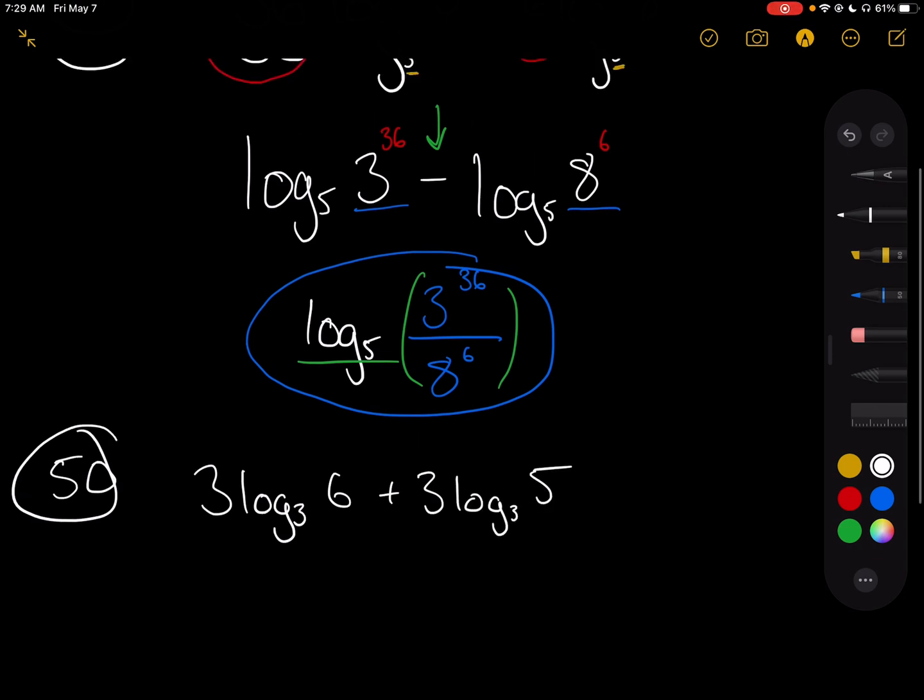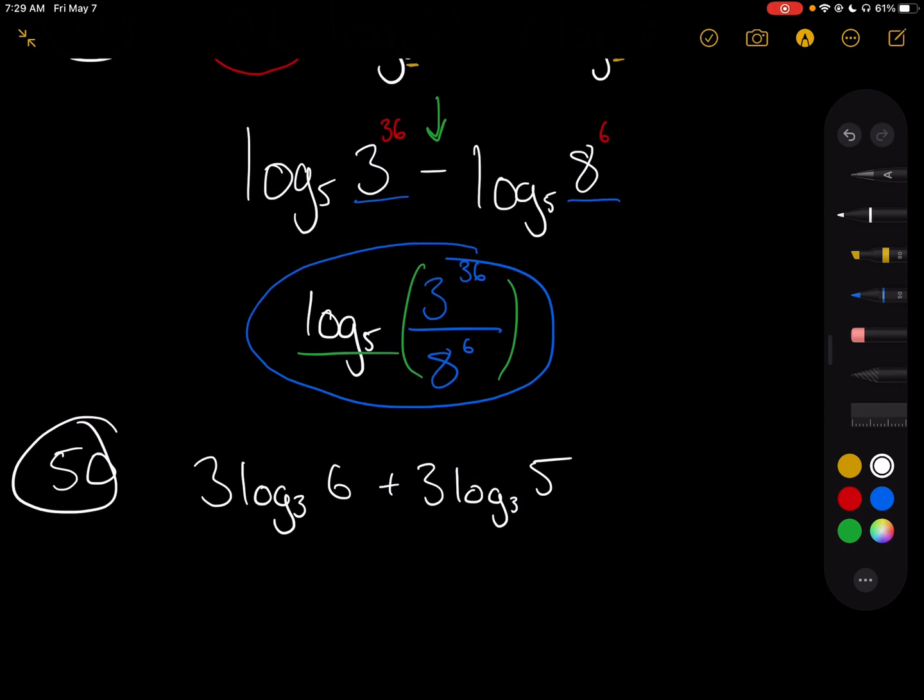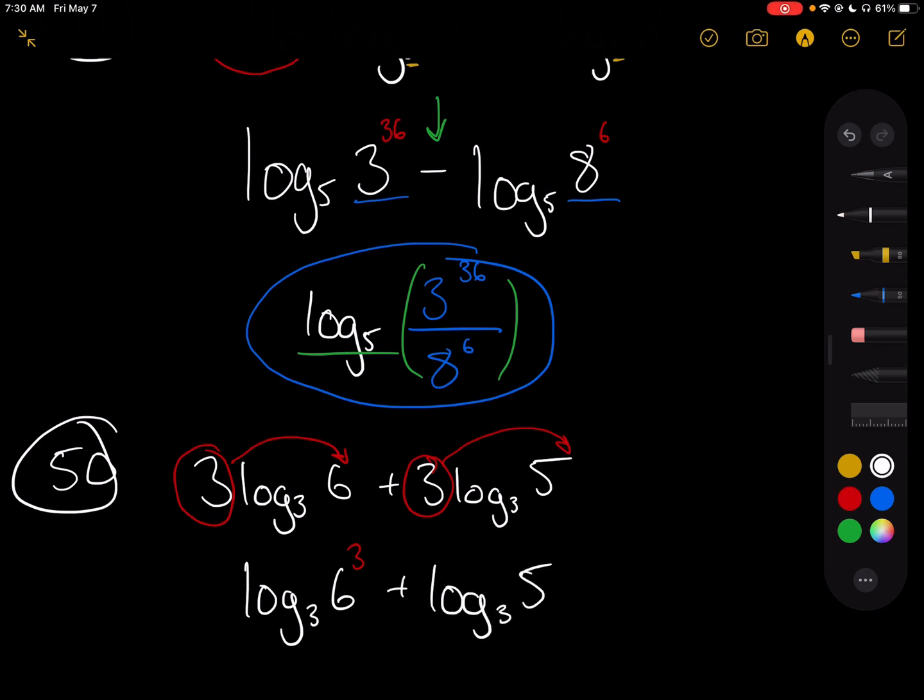Okay, so again, we want to take the numbers in front and bring those up as exponents, okay, which would lead us to log base 3 of 6 to the third plus log base 3 of 5 to the third. Okay.